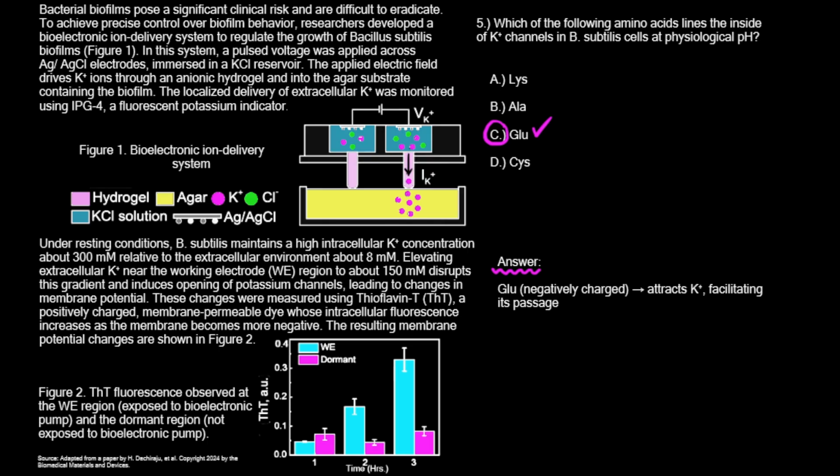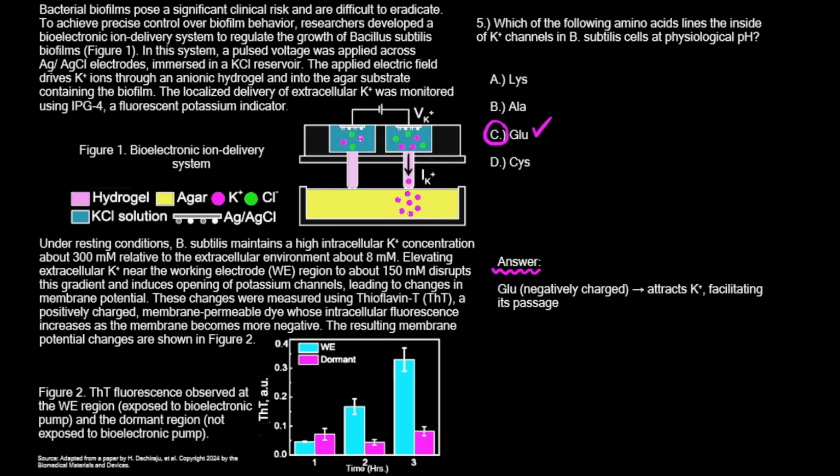So positively charged residues would repel K+, while negatively charged residues would attract and stabilize K+ as it passes. Among the options, answer choice A, lysine, is positively charged and it would repel K+. Answer choice B, alanine, is neutral and nonpolar and it does not interact electrostatically.